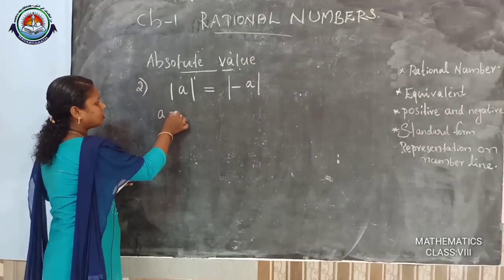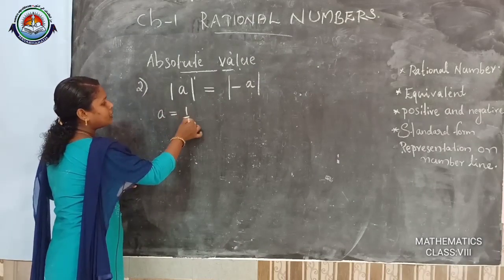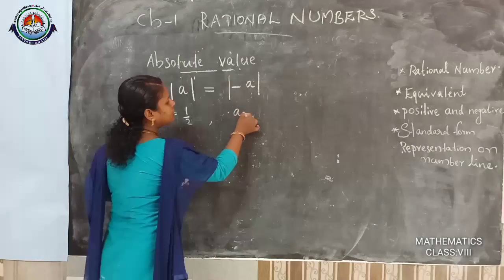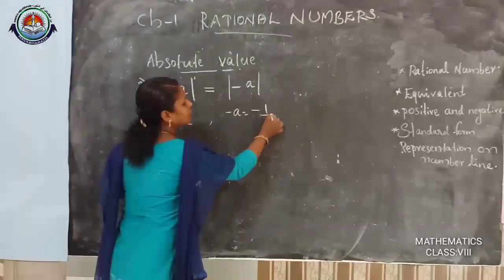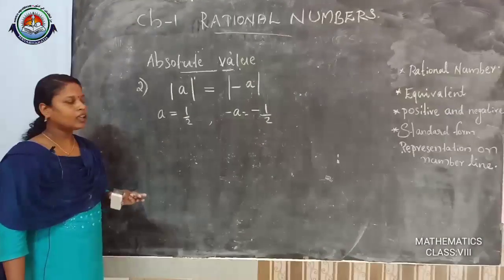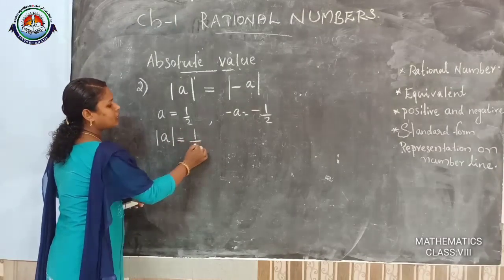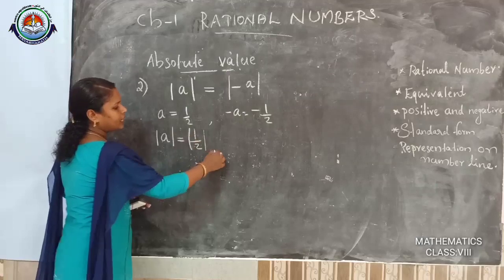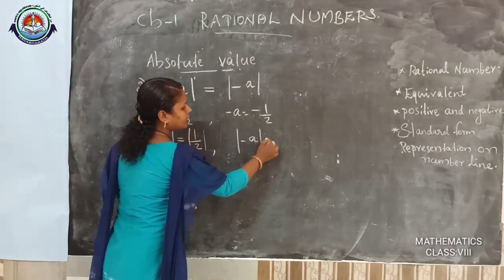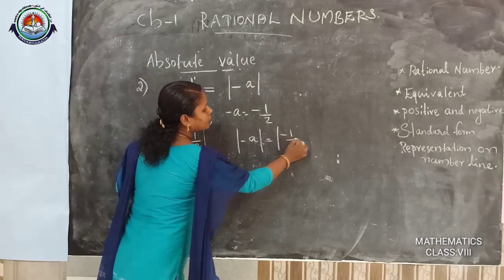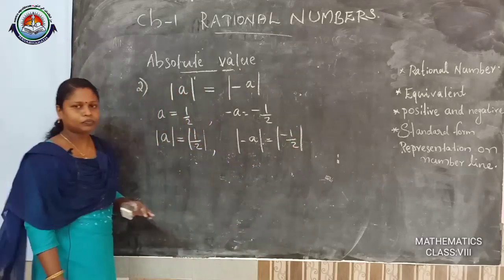Suppose A equal to 1 by 2. Then negative A means negative 1 by 2. Then absolute value of A equal to absolute value of 1 by 2, and absolute value of negative A equal to absolute value of negative 1 by 2.